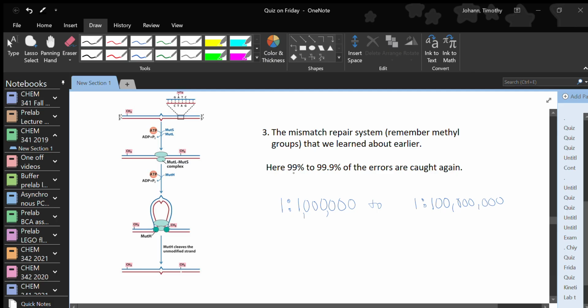And now we'll fix the lower end on the lower end again. So now I'm going to add 2 zeros for 99%. So now we're at 1 in 100 million at the low end of our range, to 1 in, now I'm going to add another set of zeros, 1,000. What is it, 100 billion?